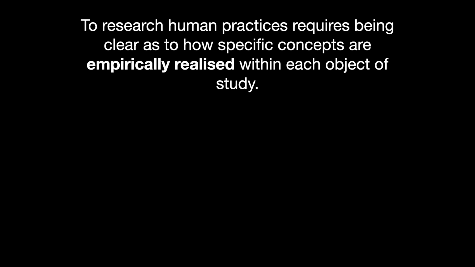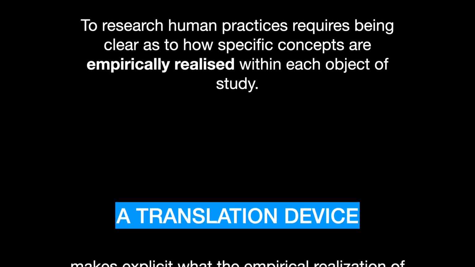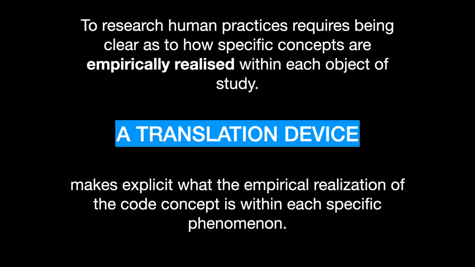For example, the empirical forms taken by strong epistemic relations in student interviews may be different to those taken by strong epistemic relations in teaching materials, and may appear differently in those materials in terms of its curriculum, forms of pedagogy and assessment practices. So what is needed here is a translation device. That is, something that makes explicit what the empirical realisation of the code concept is within each specific phenomenon.